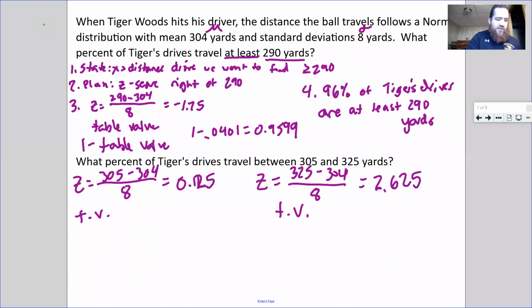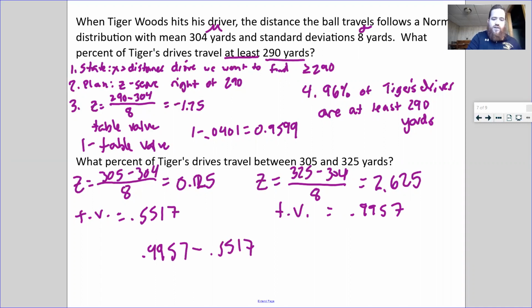So that table value was 0.5517. This was 0.9957. So subtract the two. 0.9957 minus 0.5517.